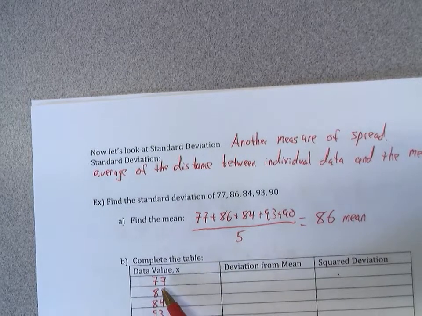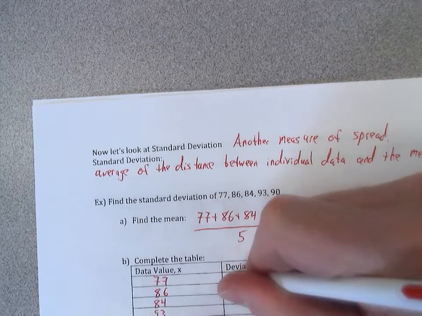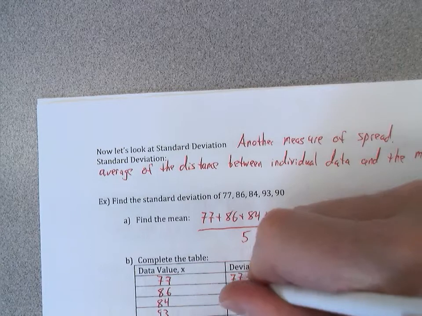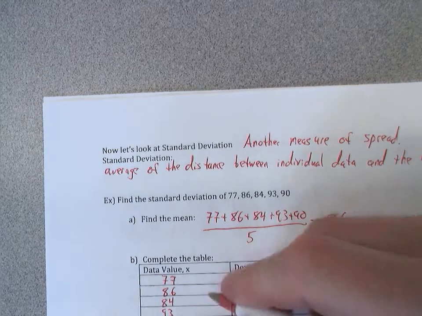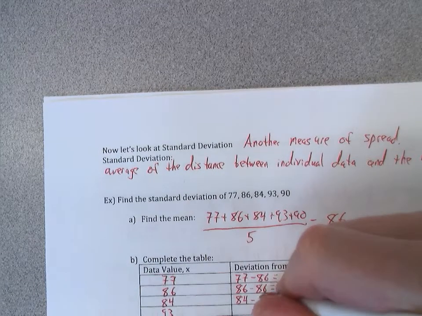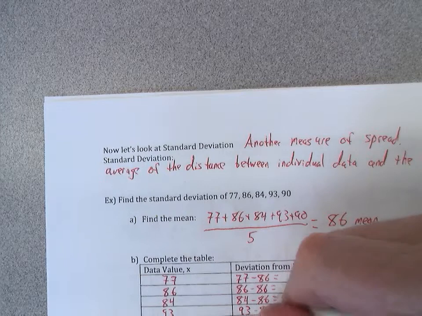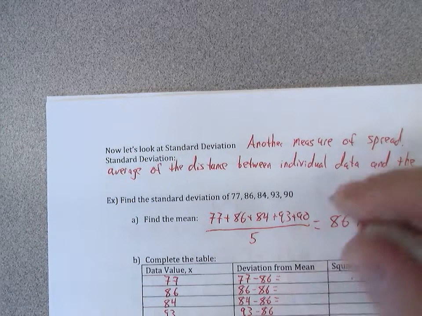Here are our data values. Now we will subtract each data value from that mean. 77 minus 86. 86 minus 86. That one's with the mean. 84 minus 86. 93 minus 86. 90 minus 86.